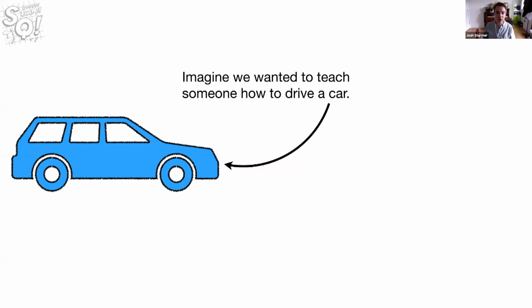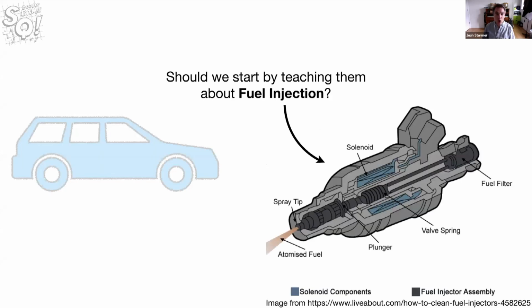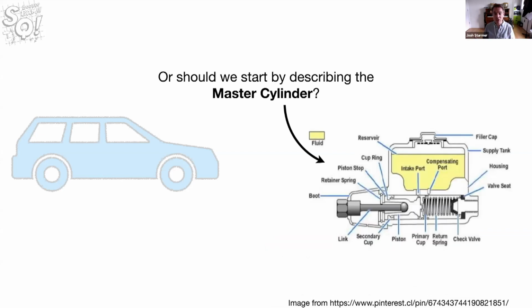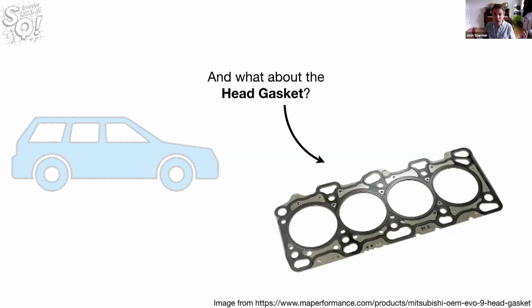So imagine we wanted to teach someone how to drive a car. Should we start by teaching them about fuel injection? Or should we start by describing the master cylinder? And what about the head gasket? Who knows what that does?